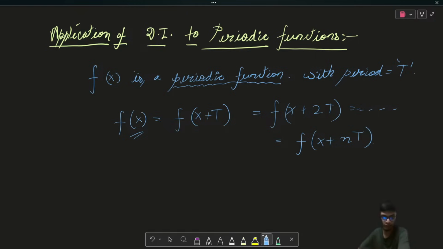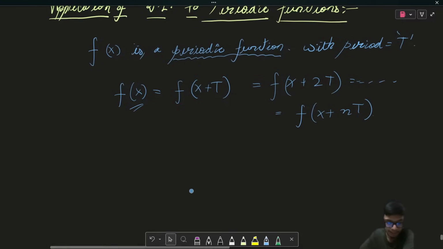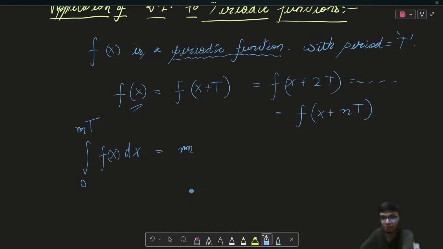So once we know about the periodic function, now my task is to go through the properties. The first property, a very trivial one, is that if I am integrating a function from 0 to m times t, where m is an integer, for the function f of x whose period is t, then instead of integrating from 0 to m times t, I can just integrate from 0 to t and multiply by m, because the functional part is going to keep repeating, so it is the same area.